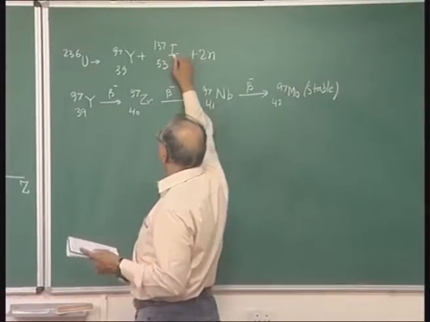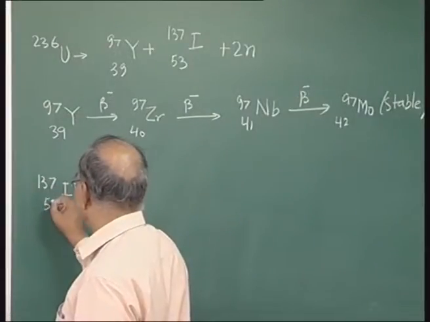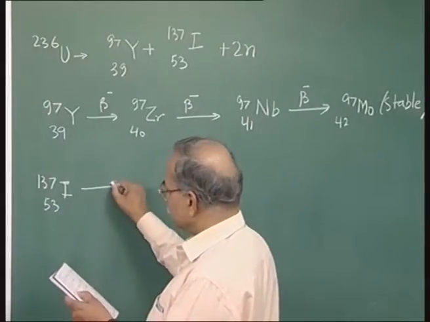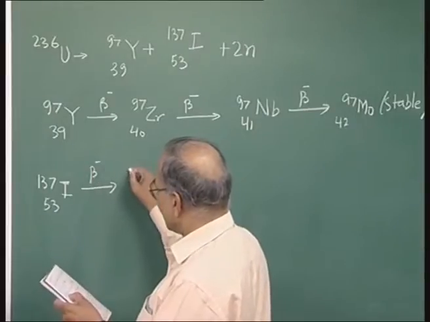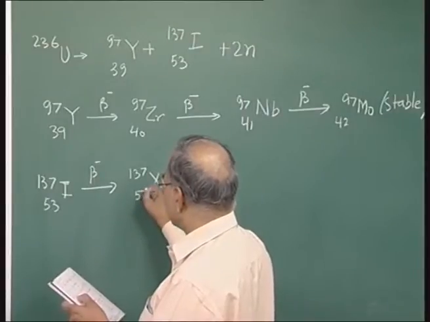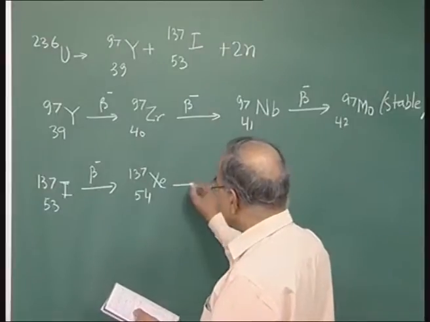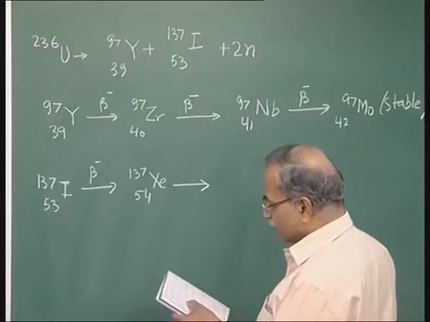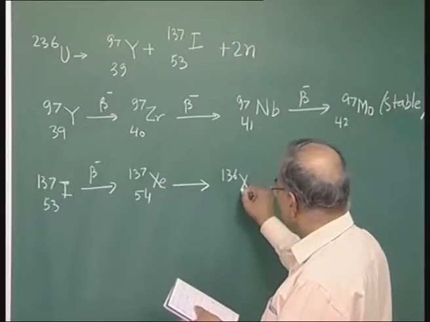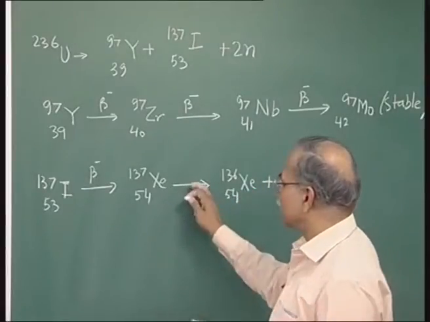The other fragment, 137 I 53, this beta decays to 137 xenon, Z equal to 54, and that decays, this is interesting, the reaction is to 136 xenon 54 plus a neutron.